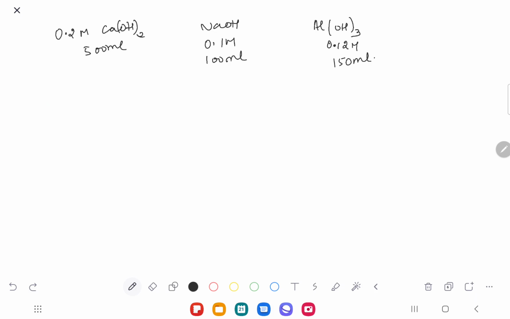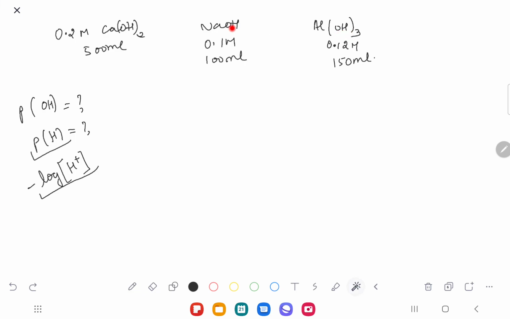Now, the shortcut method is to what? If I ask you what is the concentration of the OH ion, I want you to calculate the pOH, or I want you to calculate the pH. So you know that when it says pH, it is minus log of the H plus ion concentration. Yes or no? So what is the H plus ion concentration? That's what we want to know. And we do not have the H plus because these are all bases.